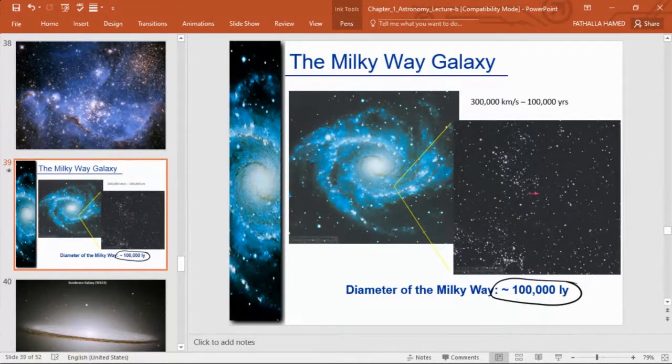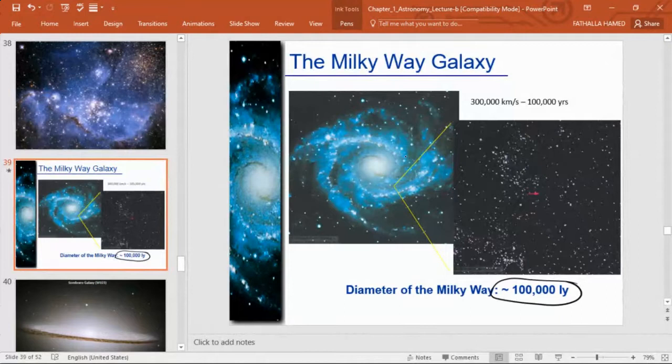If you could go from one end of the Milky Way galaxy and come back at the speed of light, it would take you 100,000 years to go and another 100,000 years to come back. That tells you how big our Milky Way galaxy is.